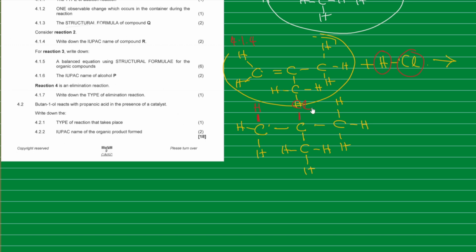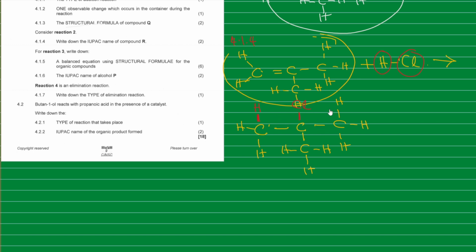Now there's a rule that applies here, because there's an option that Cl can come on the first carbon and then H. But the major product, according to Markovnikov's rule, is formed by the addition of the hydrogen atom to the carbon atom that already has the most number of hydrogen atoms, and the halogen atom will be added to the carbon atom that has the most alkyl substituents.